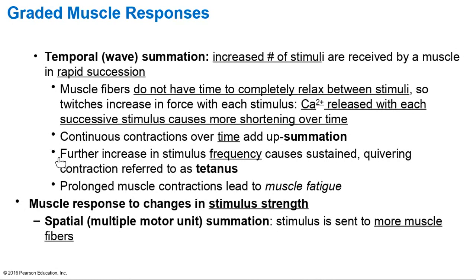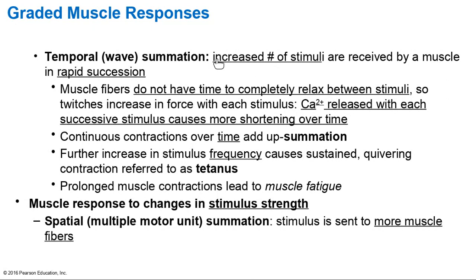And there are two types of ways that we're going to add up the stimulation given by a neuron. First, we can do what's called temporal summation. We will add up these stimulations from the neuron based on temporal summation, which is also called wave summation. So temporal really refers to time. So temporal summation means this is a way to sum up the number of stimuli over time.